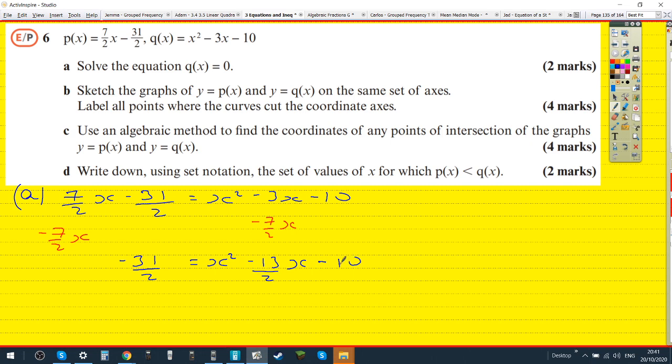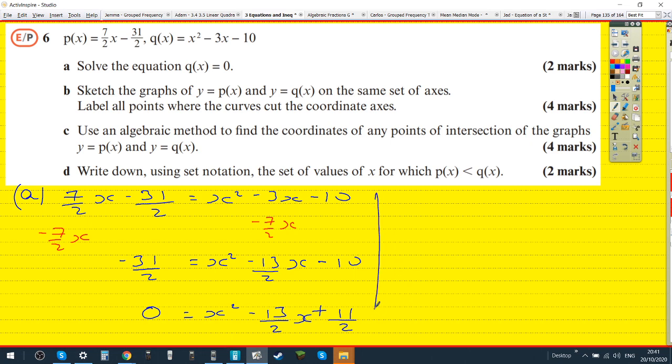And then you add 31 over 2 to both sides. So it'd be 31 over 2 add minus 10, which would be 11 over 2. So it'd be x squared minus 13 over 2x plus 11 over 2 equals 0.